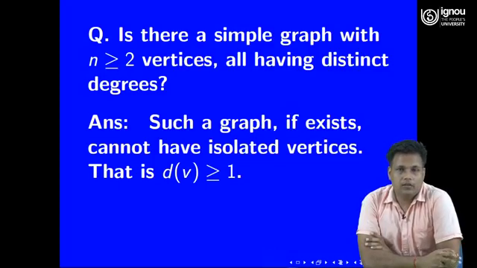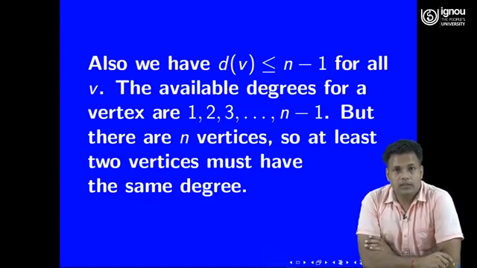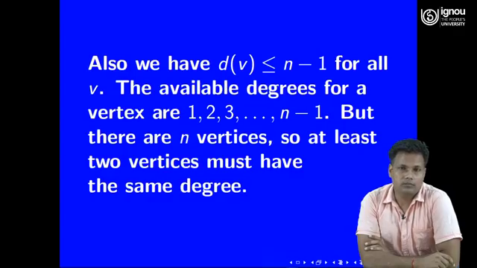So the graph cannot have isolated vertices. Now we have dV greater than or equal to 1 for all vertices. But we also have that dV is less than or equal to n minus 1 for all vertices, because no vertex can be adjacent to more than n minus 1, since the graph is simple. Apart from the vertex itself, there are n minus 1 vertices it can be adjacent to. So the available degrees are 1, 2, 3 up to n minus 1.